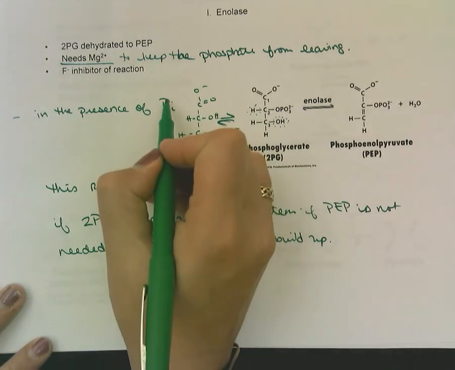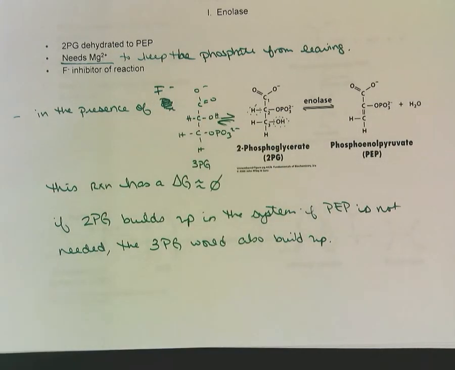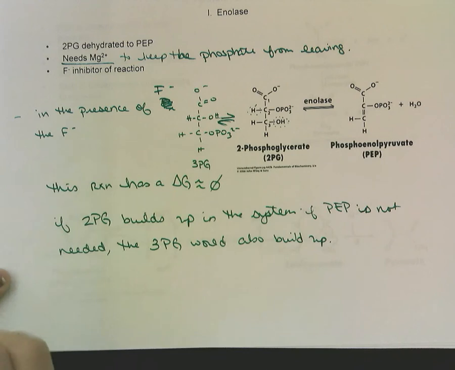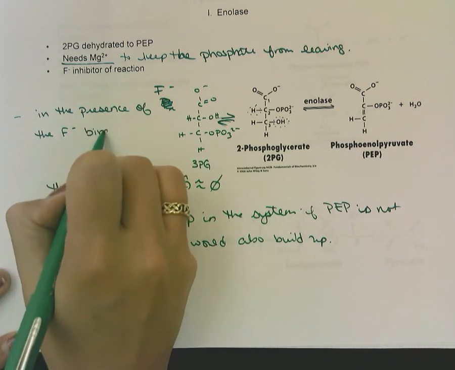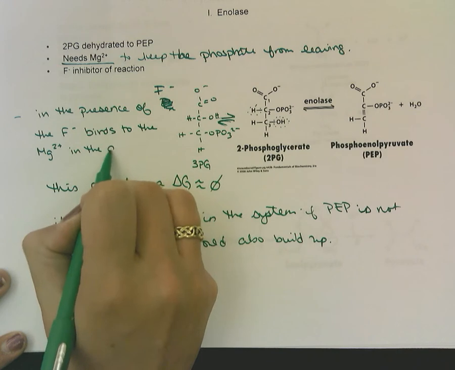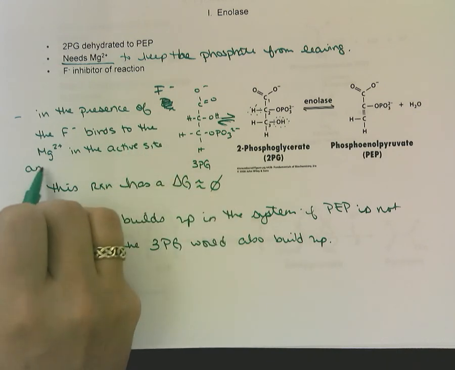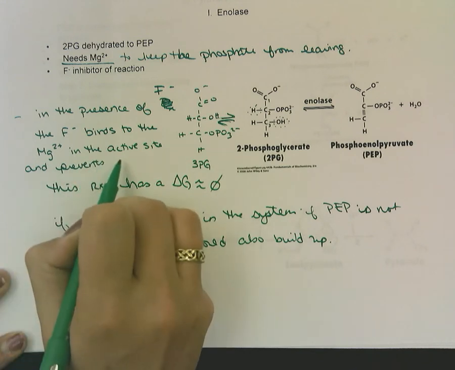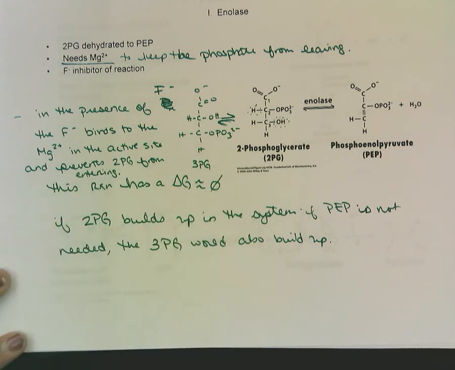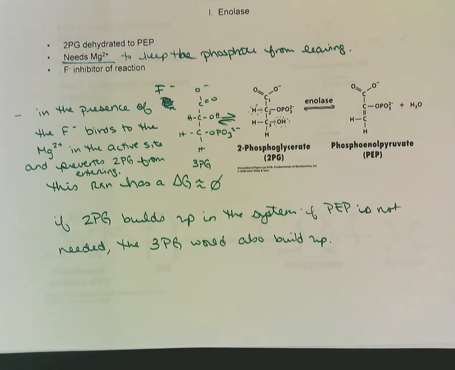So, let me change that. So in the presence of a fluoride ion, if you have too much fluoride in your system, the fluoride would bind preferentially to that magnesium 2+ and keep the 2PG from entering the active site.